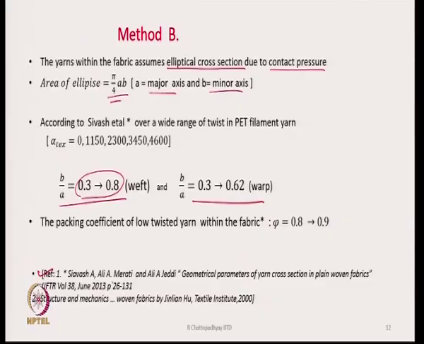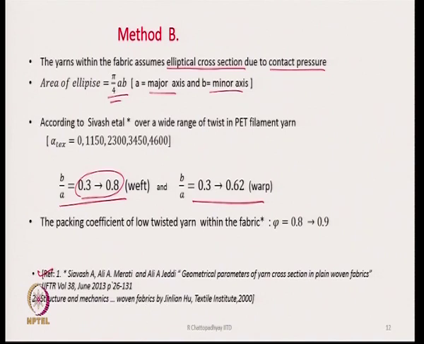Because it is an interaction between warp and weft, every interlacement point is a source of pressure, and under that pressure the yarns are going to flatten and take an elliptical shape. So, if there is no elliptical shape, the B by A value is going to be 1.